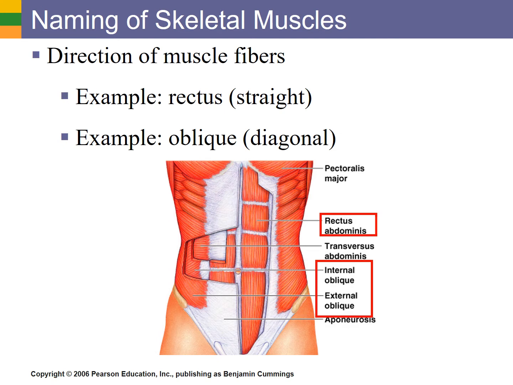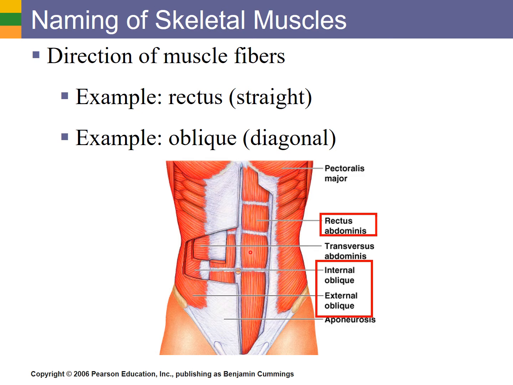Your rectus abdominis muscles and your oblique muscles are two examples of muscles that are named by the direction of their fibers. Your rectus abdominis muscles are your six-pack, which is actually an eight-pack.